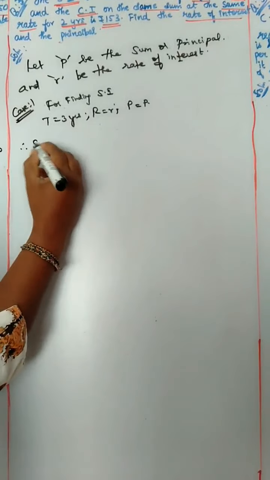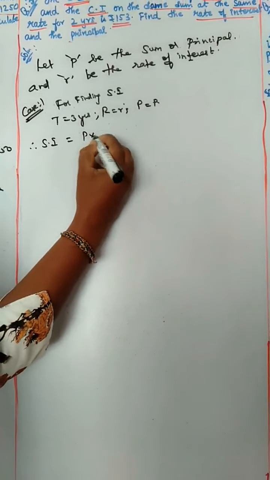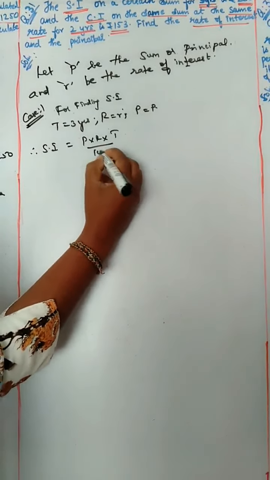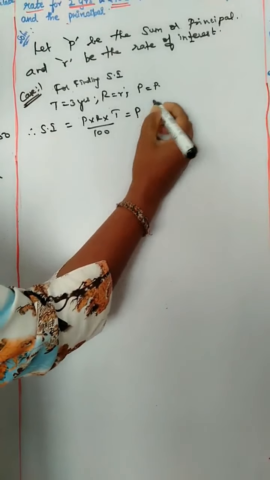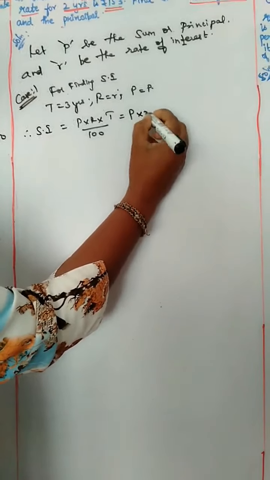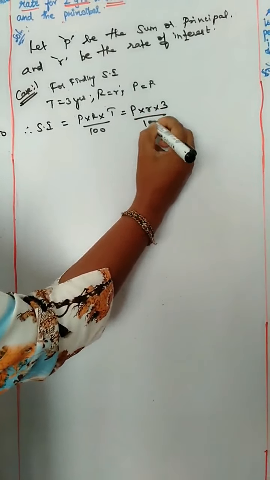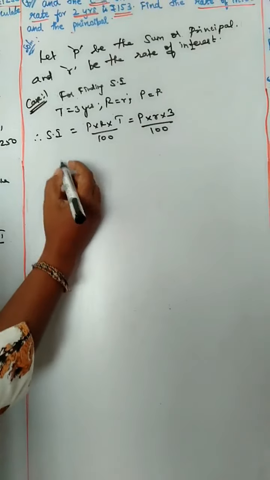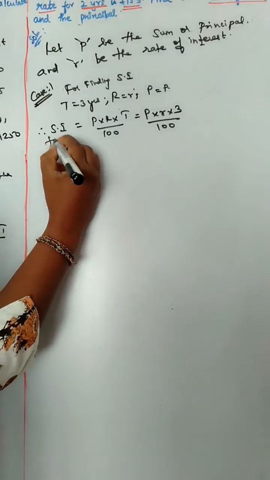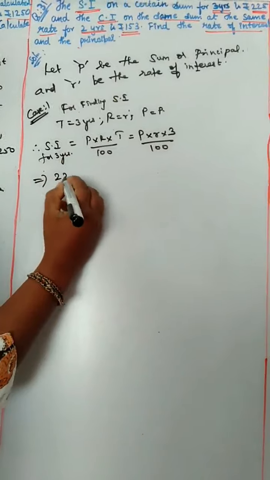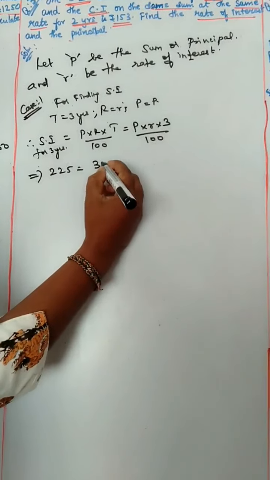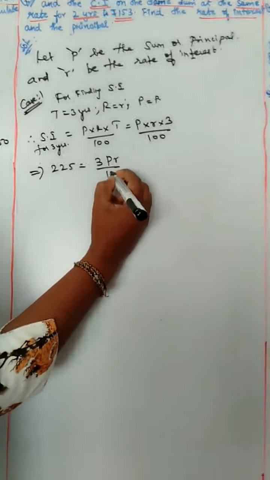Therefore SI is equal to P into R into T by 100, which is P into R into 3 by 100, SI for 3 years. Which implies 225 equals 3PR by 100.